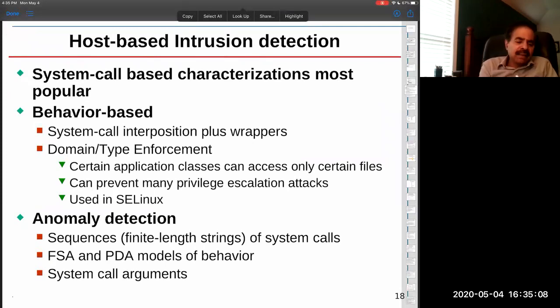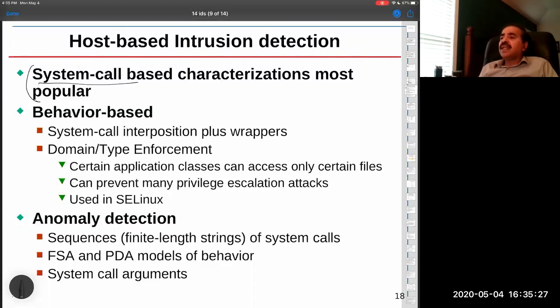And again, system call-based techniques are most common because most of the activity that you're interested in is going to manifest itself as system calls. When I say system call based, it doesn't mean that every system call needs to be examined.